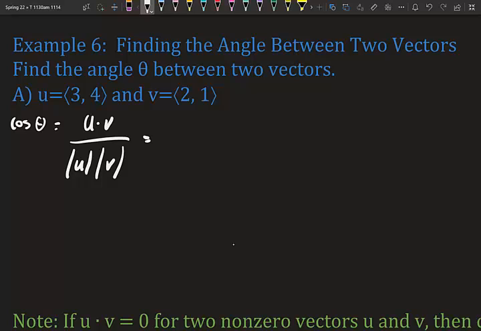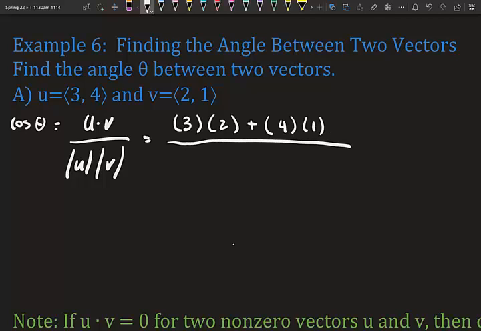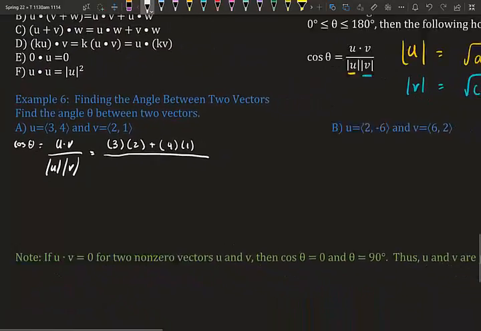So at first, let's do the dot product. It's first with first. The first one in u is 3. The first one in v is 2. Then we're going to add that to our second ones, which are 4 and 1. And then our denominator, we have u and v, so those are the formulas that I listed to the right.